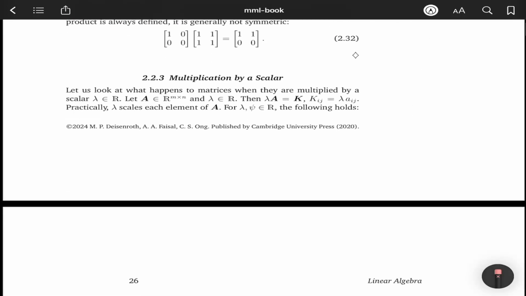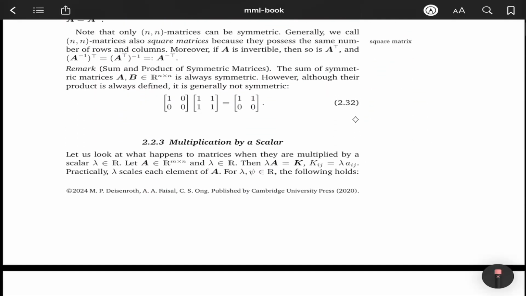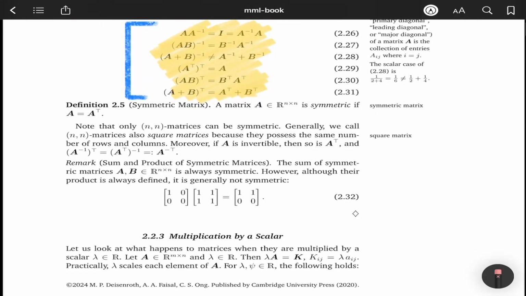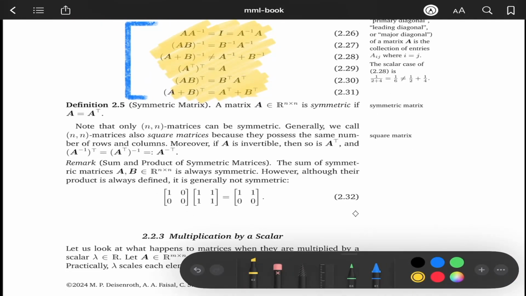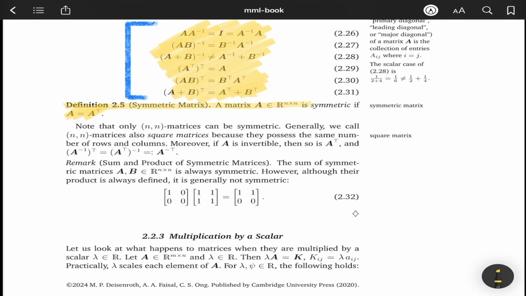Okay, let me clean this up. So what's important? Let me mark that important part. Of course, the definition is important. Then the last sentence here. Okay, so last sentence, remark: sum and product of symmetric matrices.